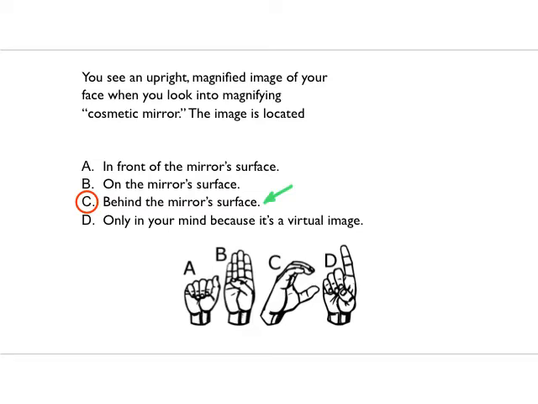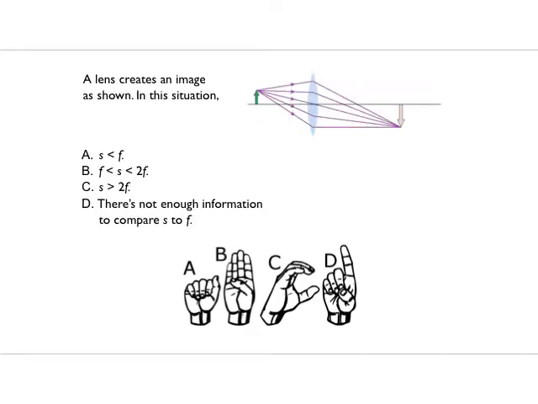Next up. A lens creates an image as shown. In this situation, what can you say about the relationship of S and F? Think about this one for a minute.